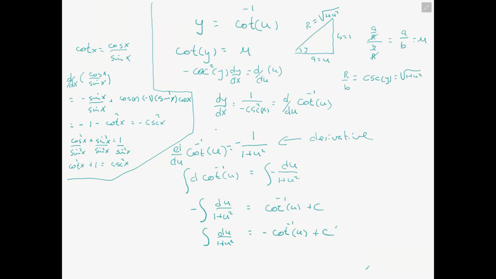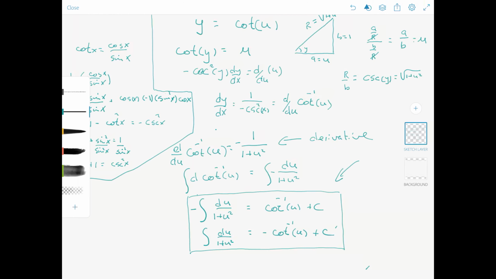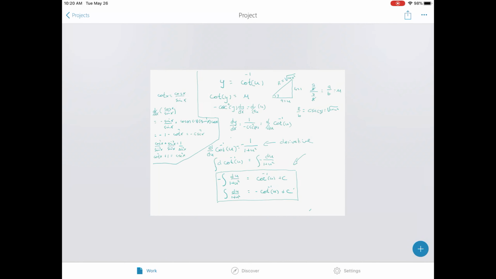Okay, therefore we got another derivative, another integral here that leads to an arc cotangent result. Pretty neat stuff.